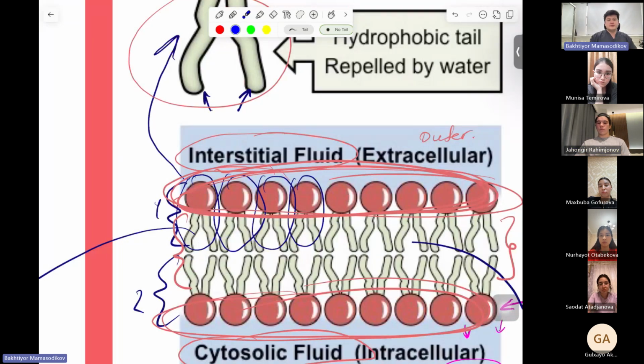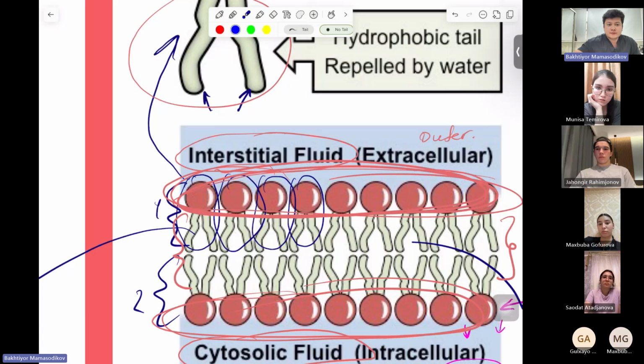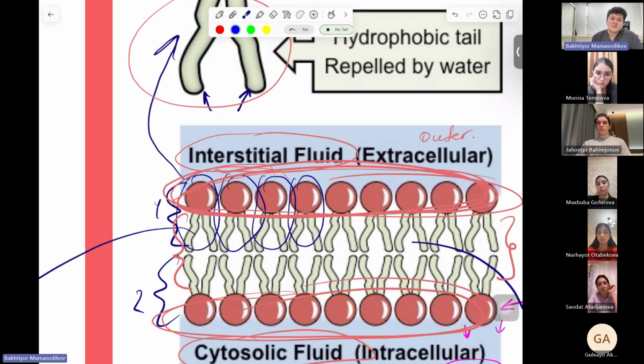Who can answer? Anyone? Maybe they have teleports which bring water molecules from outside to inside. What do you think?